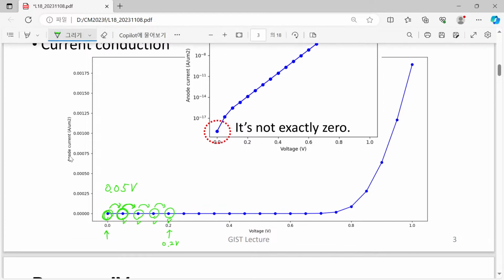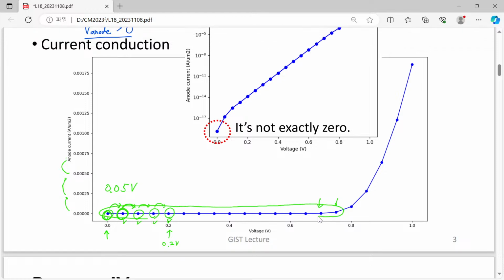In this linear scale, please note that up to, for example, here or there, it is difficult to find any meaningful value of our terminal current.